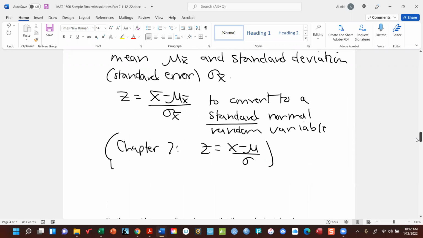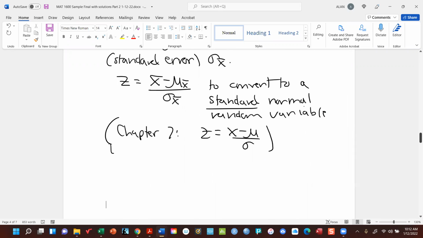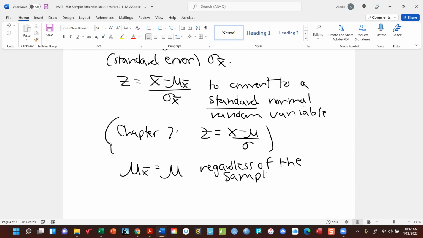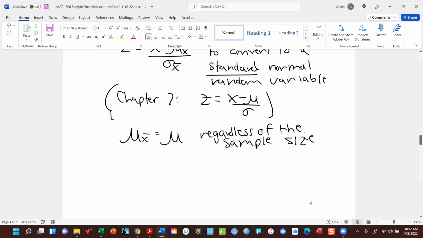Okay, now, another thing to note is that no matter what's going on, the mean of X bar just equals the population mean. Okay? And this would be regardless of the sample size. That's not where we have to make a decision. The decision comes down here.